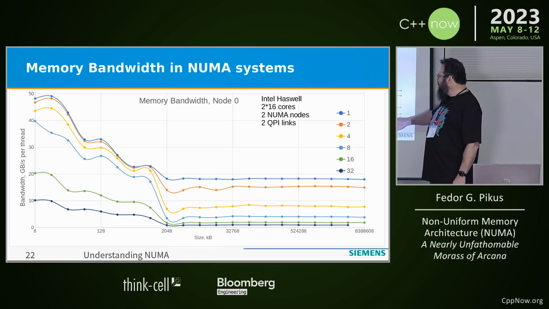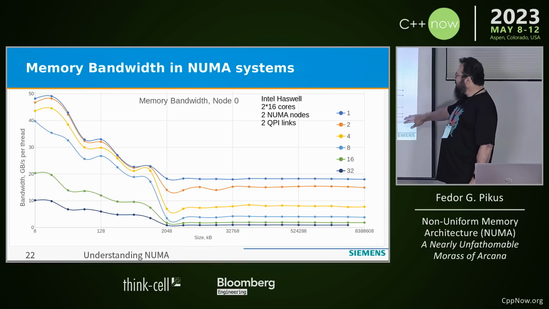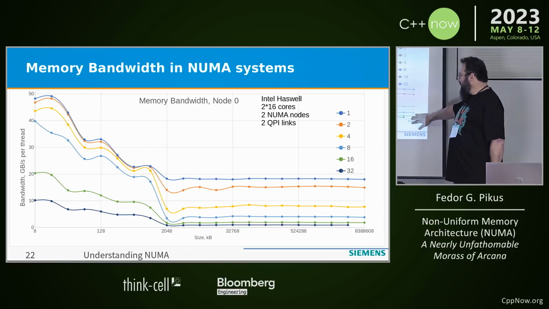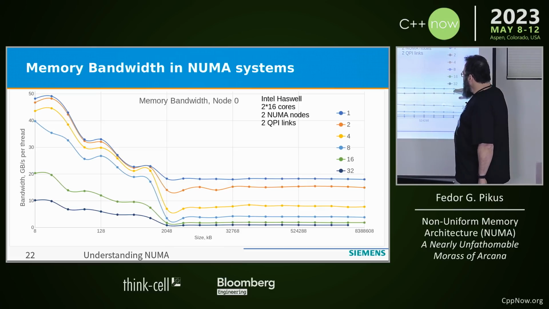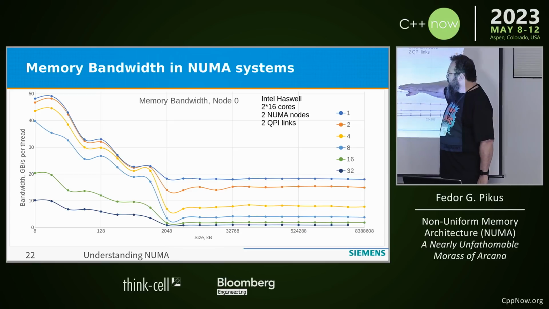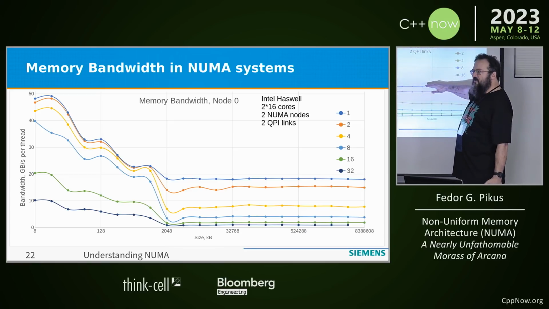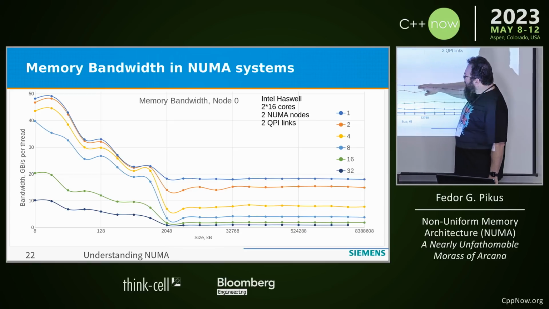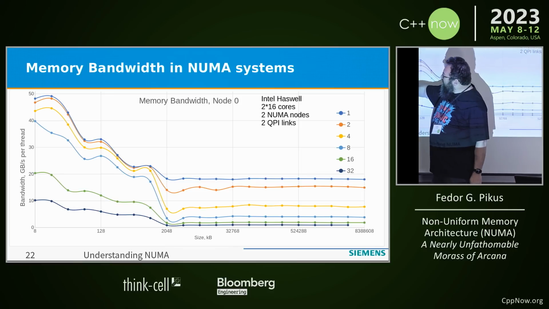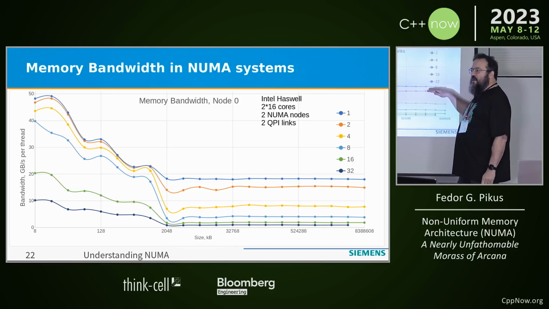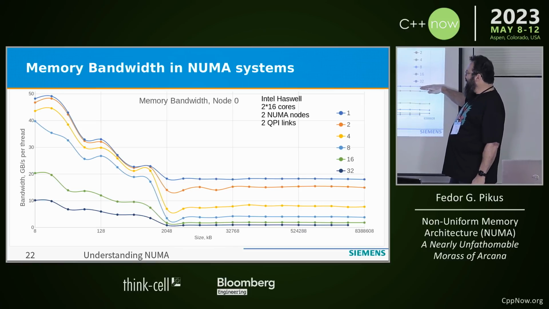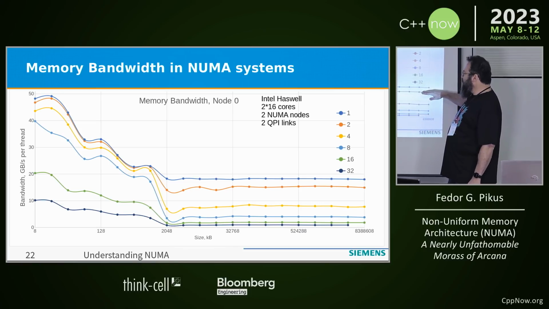So this may not mean anything, but up to 16, this is what you get. They're just running on the same node. So this is within a node, and this is the memory bandwidth of the CPU itself, the memory interface. It can do about 18 gigabytes per second on one thread, and almost double on 2.